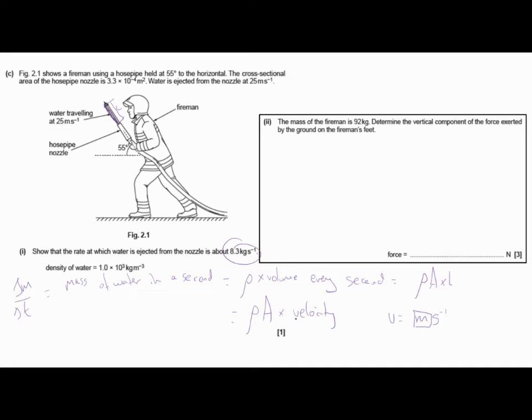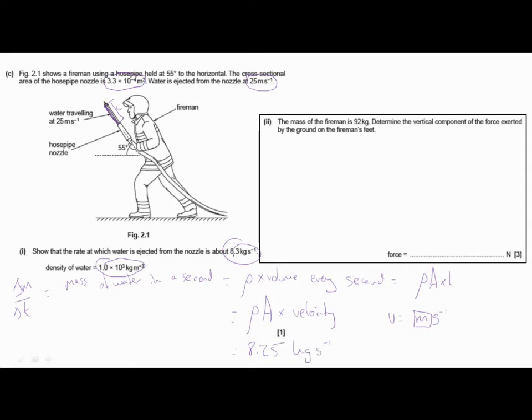So you can either think of it in terms of this, or you can think of it in terms of purely geometry. Either way, we plug in the numbers, and obviously there's a big clue. It's going to be to do with the area, because we've been given that. We've been given the density, and we've obviously been given the velocity. And we get an answer of 8.25 kilogram per second.